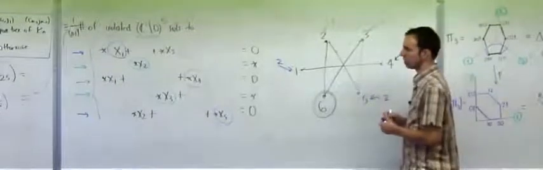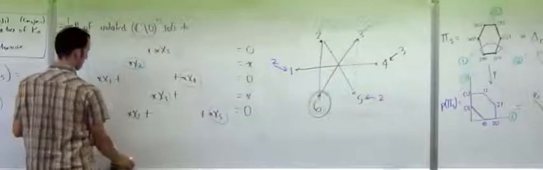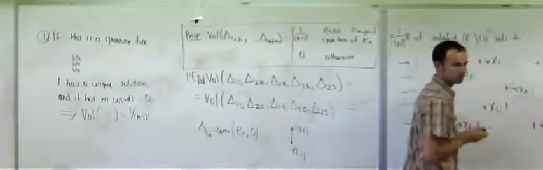So instead of 1, 3, I'm going to put 3, 5. This is the same, but this equation changes: 2 x3 plus star x5 equals 0.